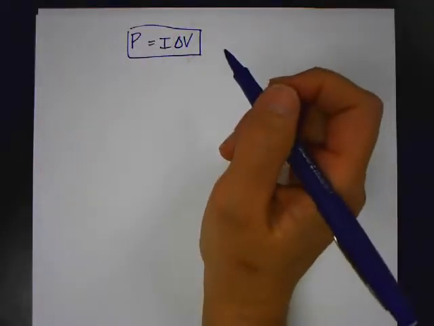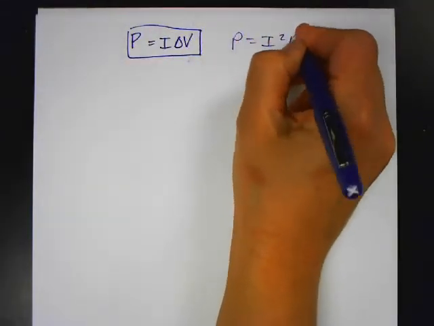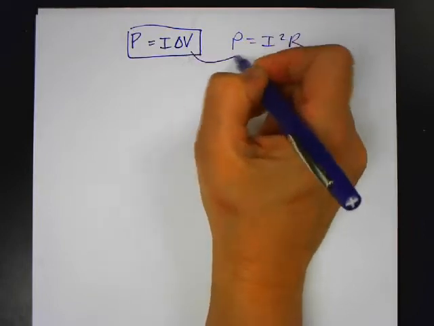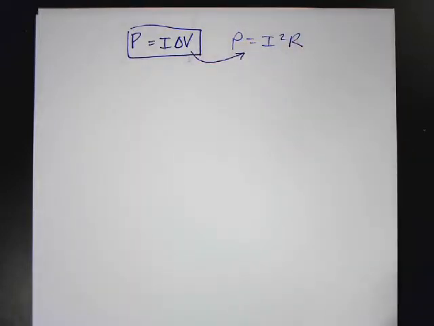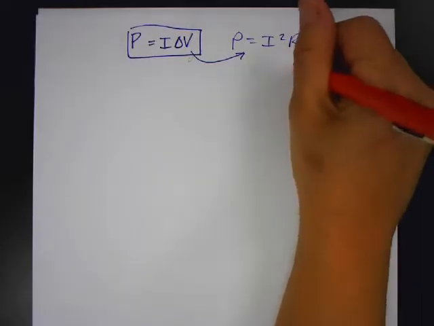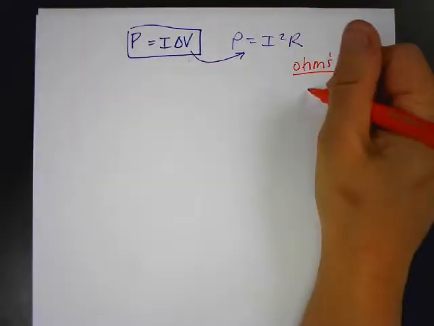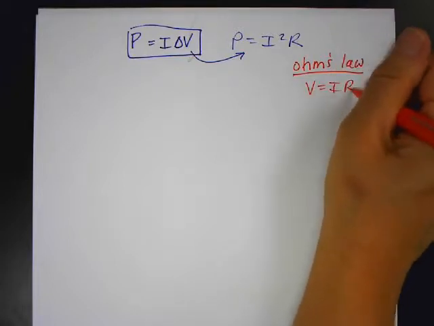Anyway, underneath it in the notes, I also say that power is equal to I squared R. Well, how do I get from here to here? How do I do that? Now, if you remember Ohm's law, and that's the one we're going to be doing over and over again, that V is equal to IR, right?